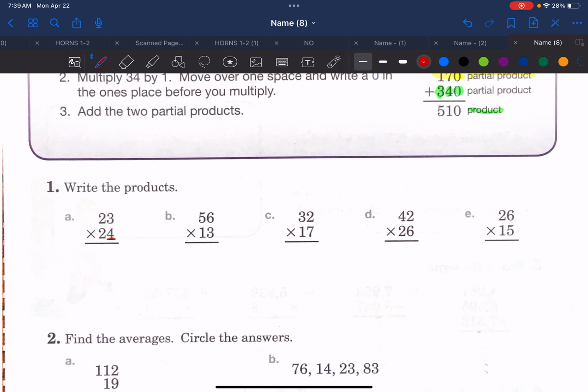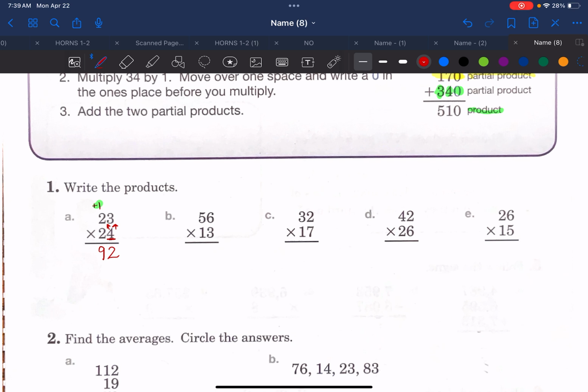So 4 times 3 is 12, so I put my 2 down below, but then I'm going to add 1 for that next one. So now that I'm done with my 4 and 3, I use my 4 times 2. 4 times 2 is 8, but then we have to add 1 more, 9. So 23 times 4 is 92.